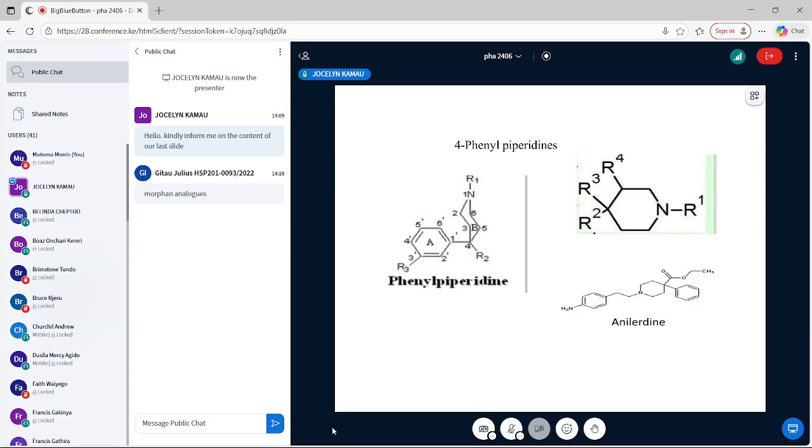If you have that compound at those positions, attached to nitrogen or to the appropriate carbon, we do not have those compounds for the benzomorphans. We have those compounds for the morphine analogs, and that huge group interacts with the allosteric center or allosteric site. Once it interacts with the allosteric site, there is more affinity, and once you have more affinity, there is a possibility of higher agonist activity.